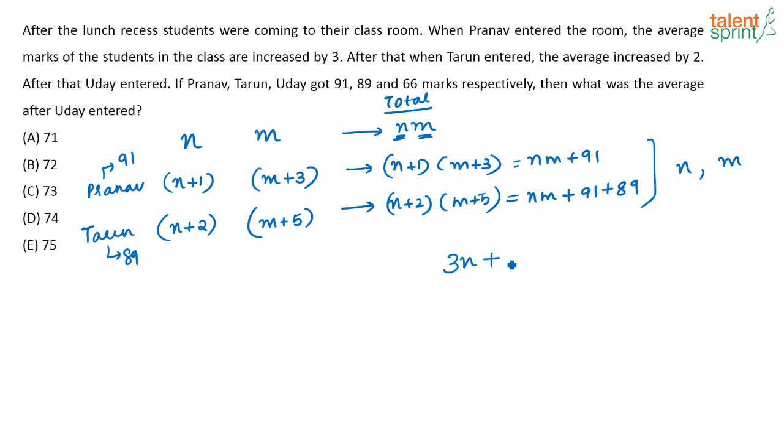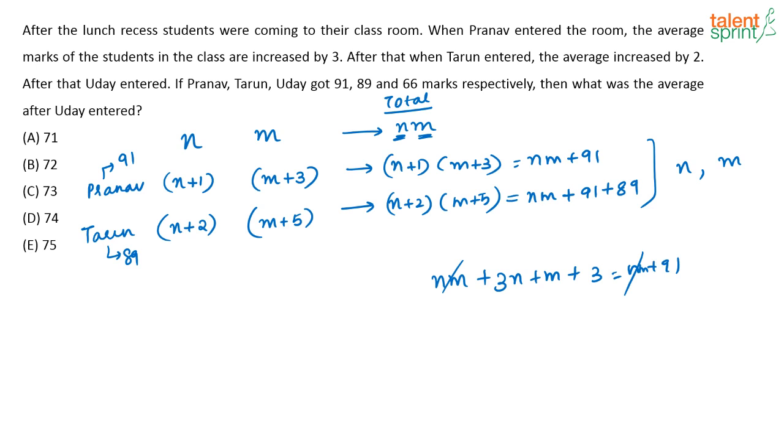Let me just expand it anyways. You can try it, it's easy. You can cut out nm, and you will have 3n plus m is equal to 91 minus 3, that is 87.